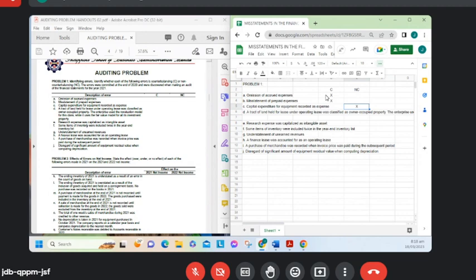So that error will have to be adjusted to the periods wherein the equipment will be used. If it's incurred in 2020 and it was recorded as an expense there, it means the expenses are overstated in 2020.